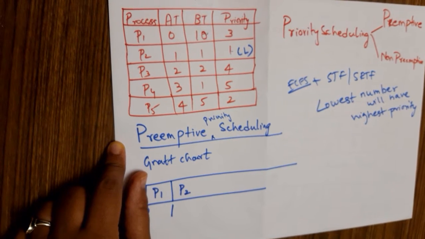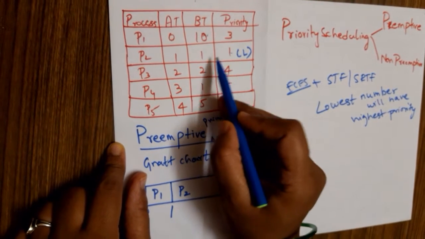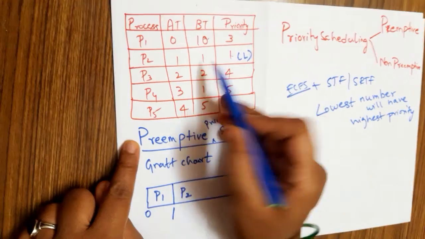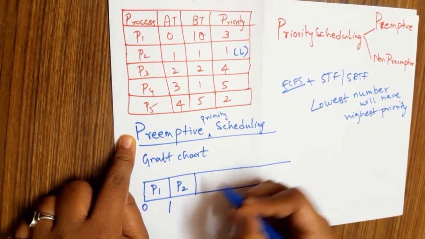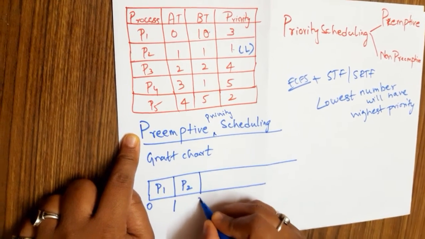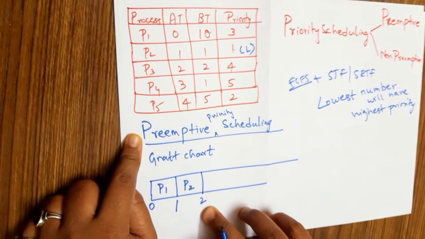When process P2 starts its execution, I see the burst time is only 1 millisecond. So I give the complete 1 millisecond, and the time will be 2, since 1 plus 1 equals 2.